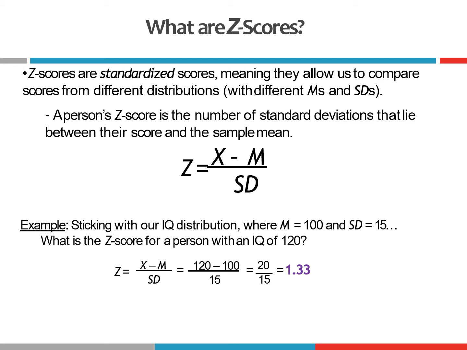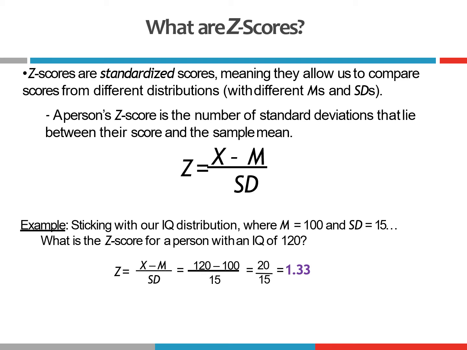Well, we can look at the sign of the number, and we can look at the number itself, the value. This is a positive 1.33. So we know that this person's score, the person who scored 120, is above the mean because the value of the z-score is positive.